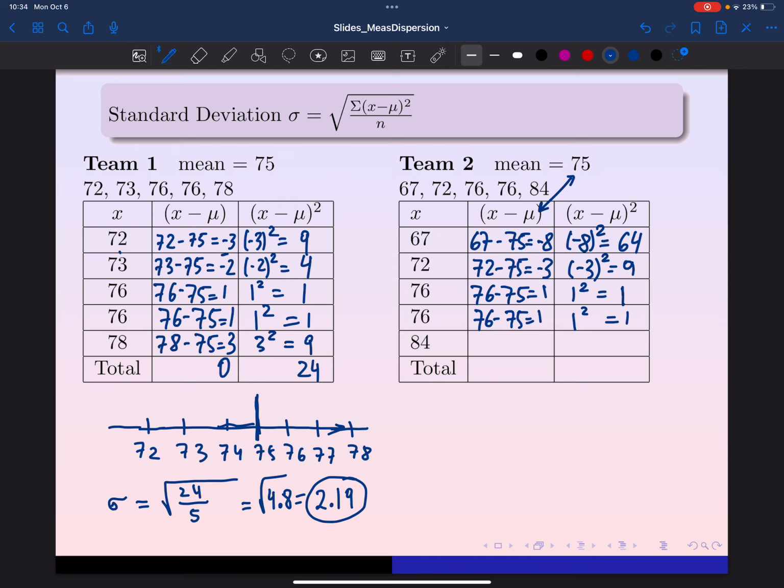And then we have 84 minus 75. That gives me 9. 9 squared is 81. And then when I add them all together, I'm getting 156.